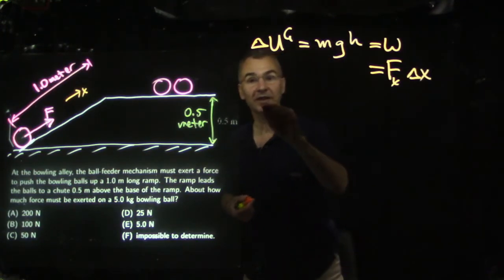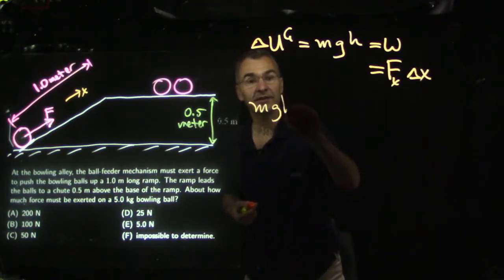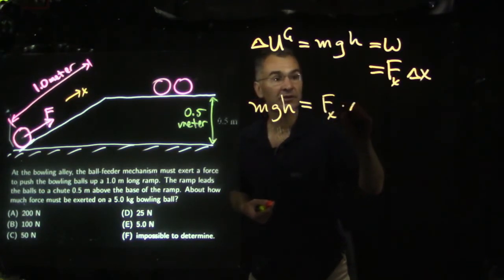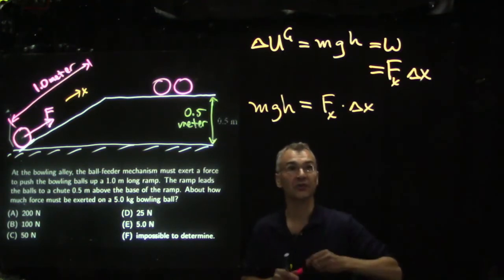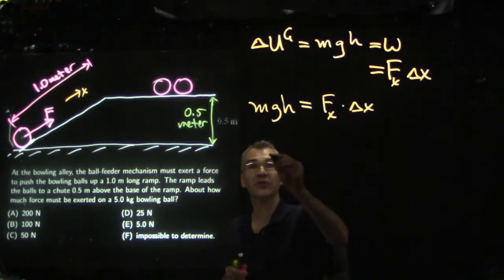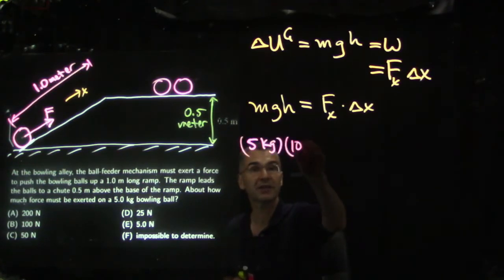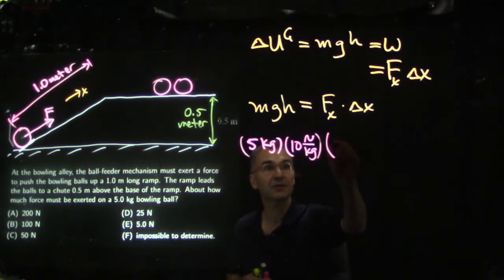So we are saying that mgh is this unknown force times this known displacement. And then all the values are known except for the force. So we're saying 5 kilograms times g, which we're taking to be 10 newtons per kilogram, same as 10 meters per second squared. And then the height gain is going to be a 1/2 meter.